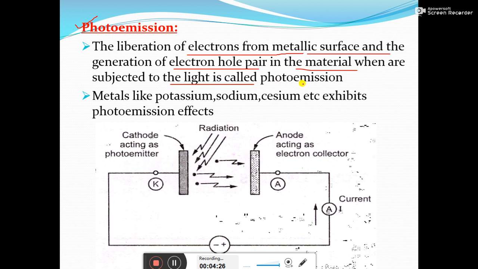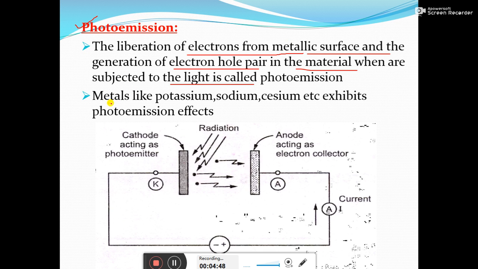That is, whenever some metallic surfaces are subjected to light energy, they generate electron hole pairs in them. This phenomenon is referred to as photo emission.